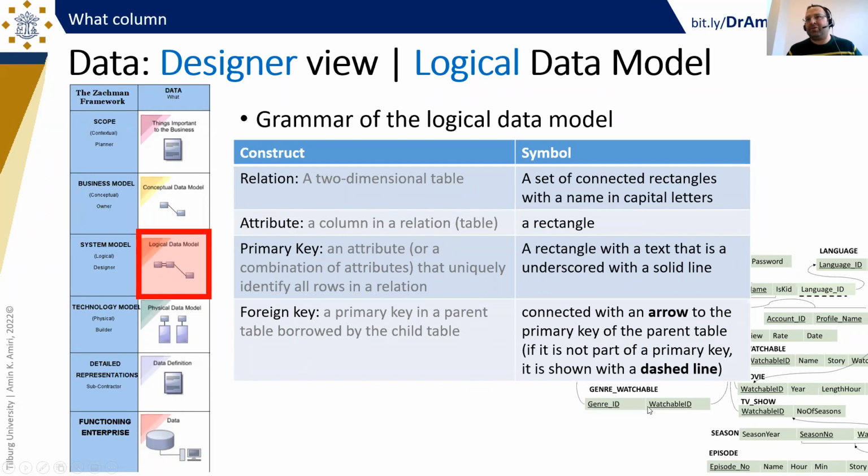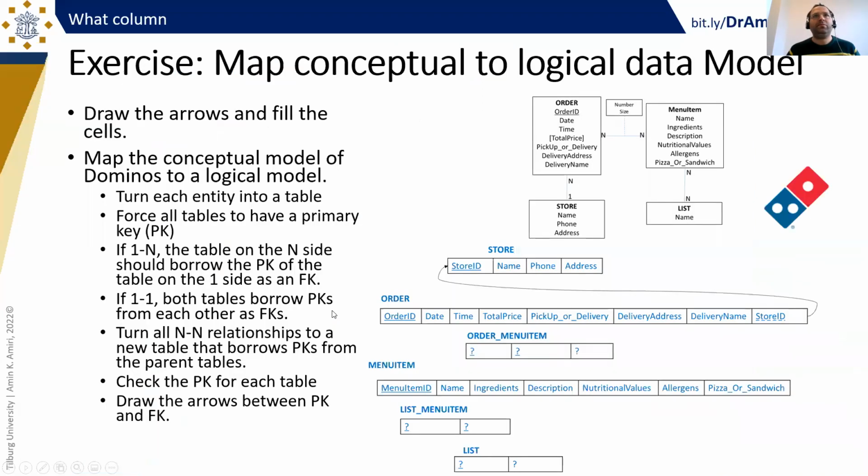A relation also has several attributes, as you can see. One of them is the primary key, and the primary keys are underscored. If the combination of 2 fields is the primary key, then both are underscored. Foreign keys and primary keys are connected to each other using arrows, and the arrows point to the primary keys.